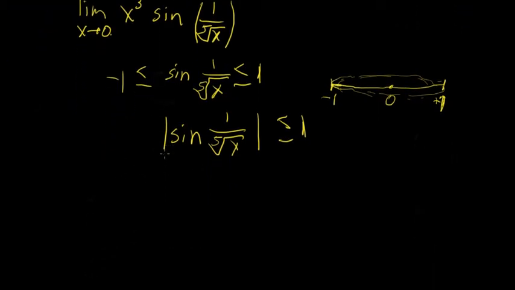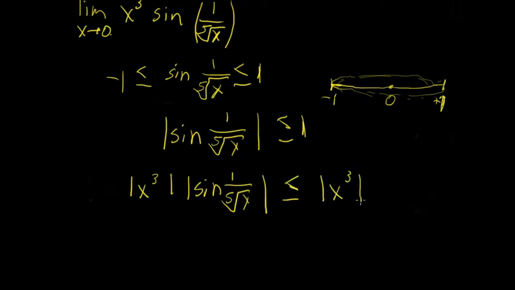Now if we were to multiply both quantities on either side of this inequality sign by the absolute value of x cubed, let's see what happens. On the left we'd have the absolute value of x cubed times the absolute value of sine of 1 over the fifth root of x. And on the right side we just have the absolute value of x cubed, because 1 times anything is itself. Here we have the product of absolute values.